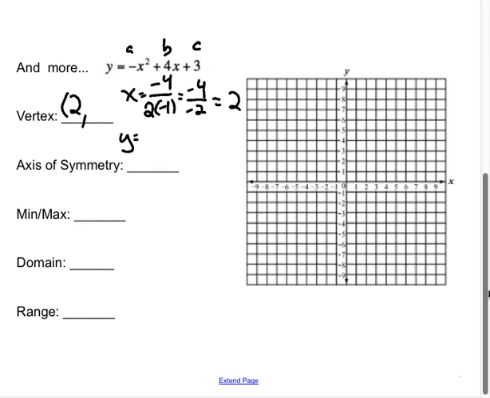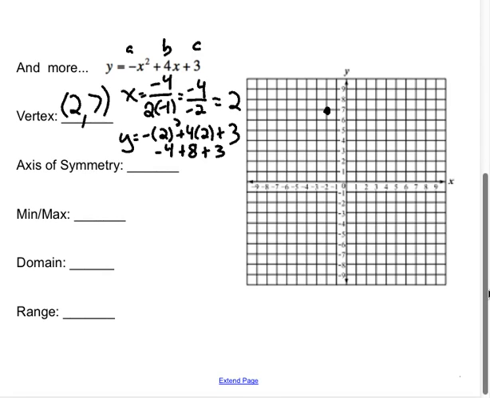Now, let's plug that in. All right, so 2 squared is 4, but then that negative out front is going to switch it to -4 plus 8 plus 3. So 4 plus 3 is going to give me 7. So there is my vertex.